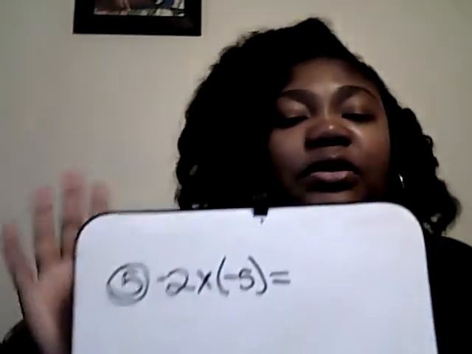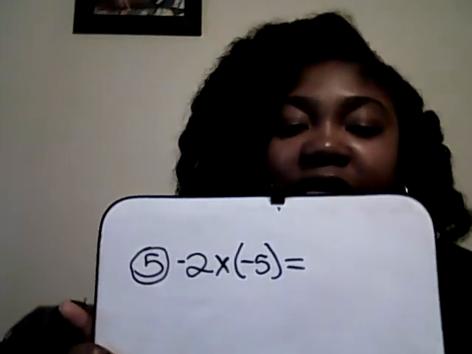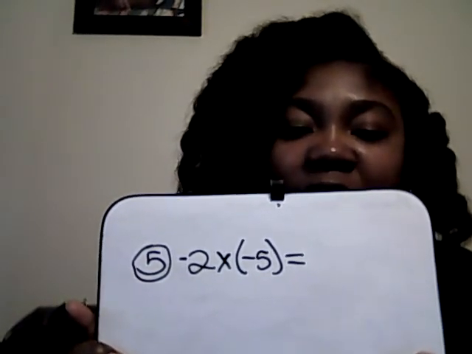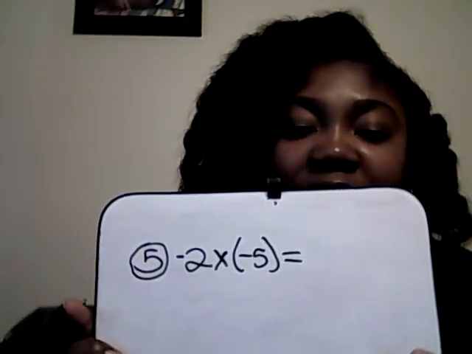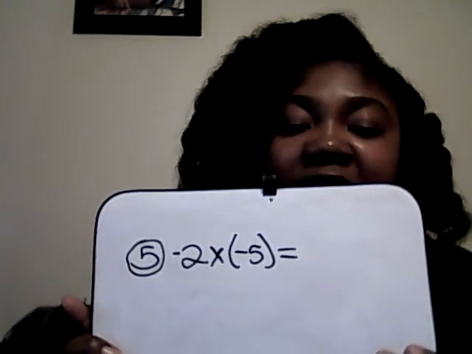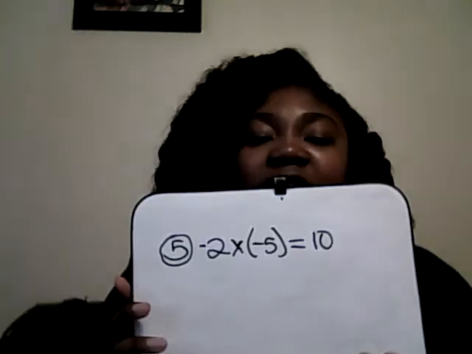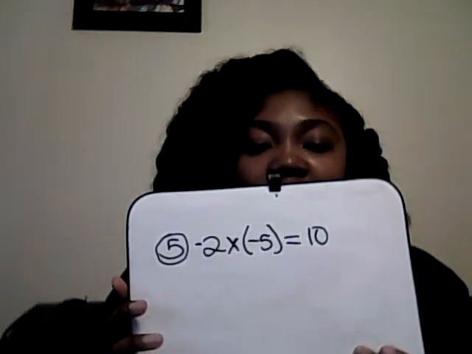So it's no difference. It's just a bracket when you're dealing with multiplying, dividing integers. Okay? So negative times a negative is going to be positive. So it'll be a positive 10. So we have positive 10 for number 5. All right, let's go to division now.